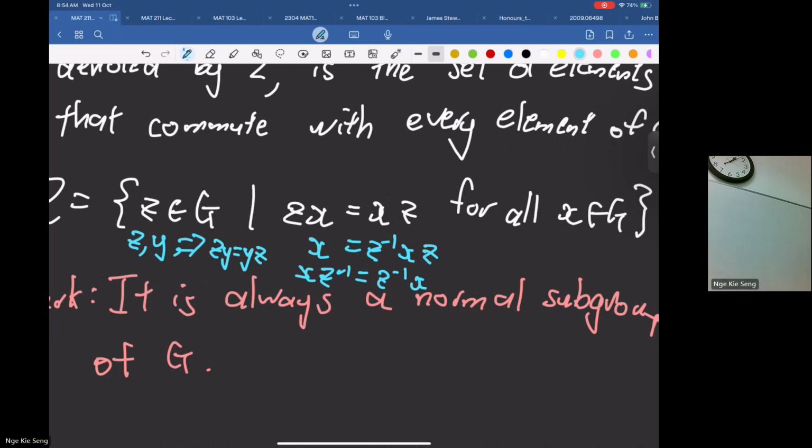How about some new friend? I haven't heard a voice from the new friend. If z and y are in this group, zy equals yz. Do you know why?